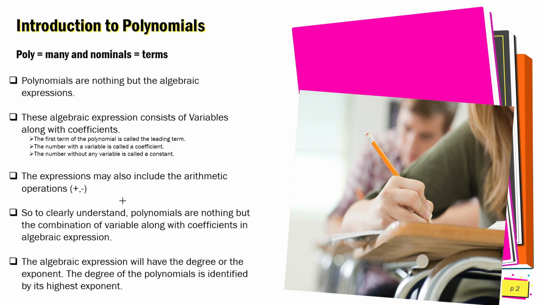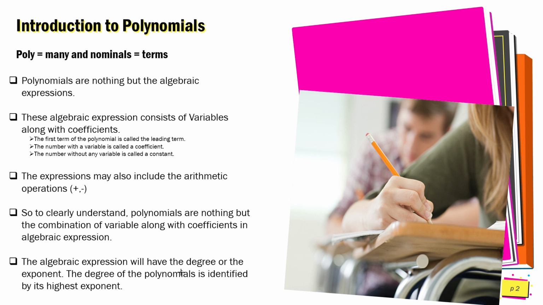So broadly, what exactly is a polynomial? It's a combination of variables along with coefficients in the algebraic expression, and a constant value may be there or may not be there.